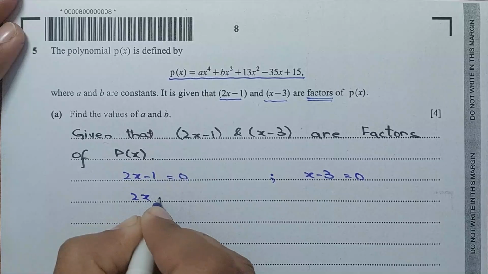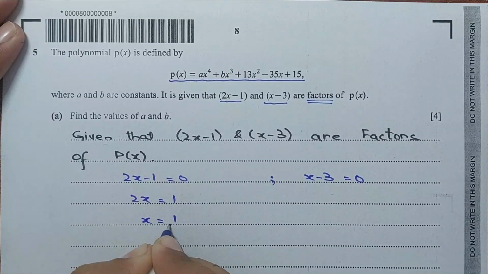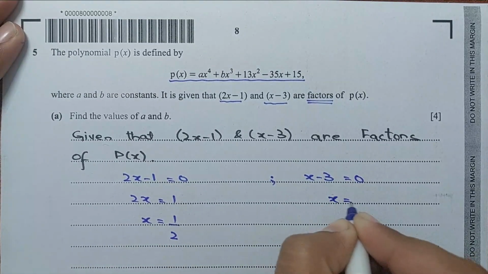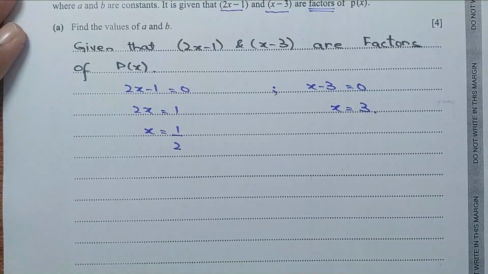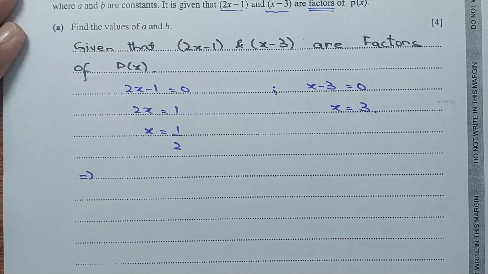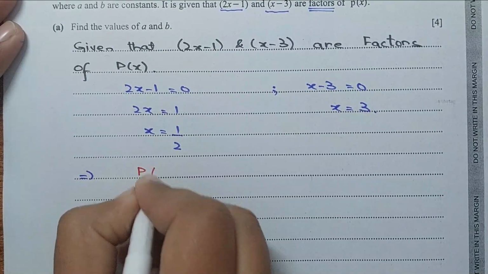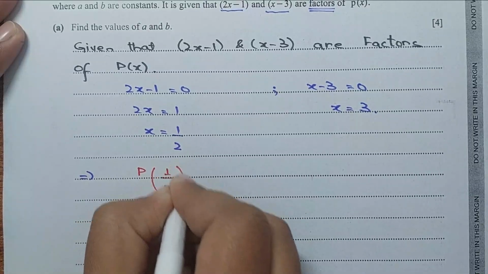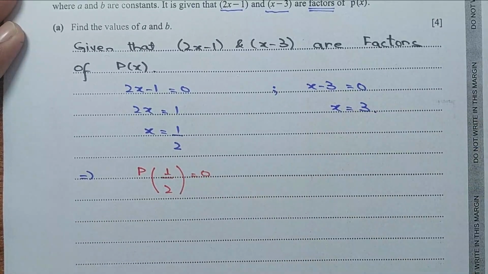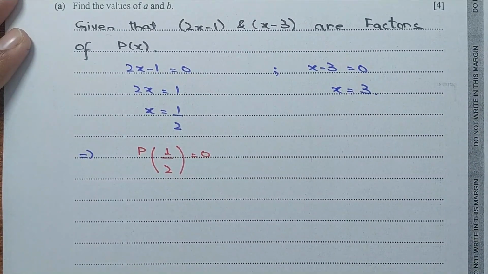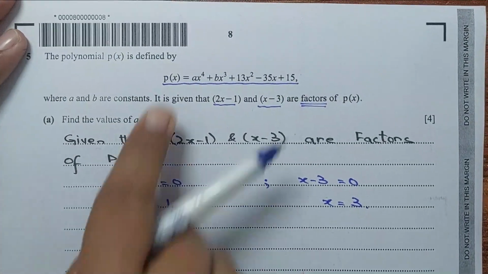From here 2x is equal to 1 and x is equal to 1 by 2. And here the x value is 3, right? This implies p of 1 by 2 is equal to 0, and p of 3 would be equal to 0 if they are the factors, right?